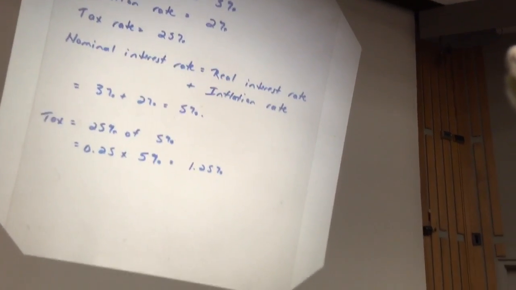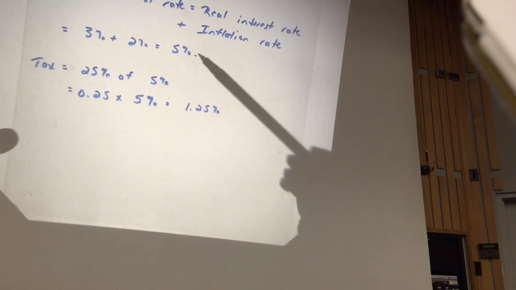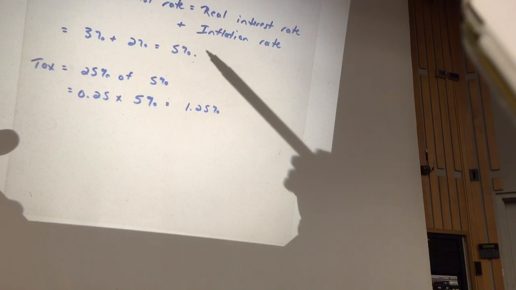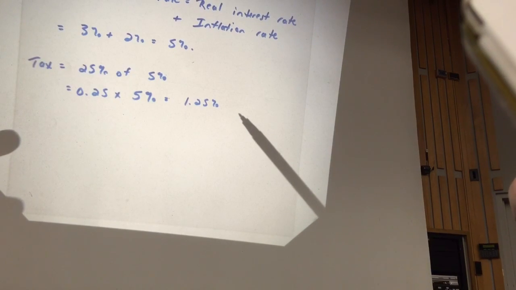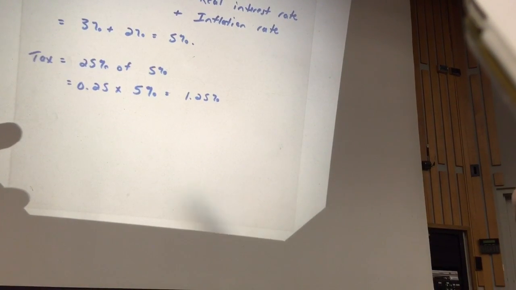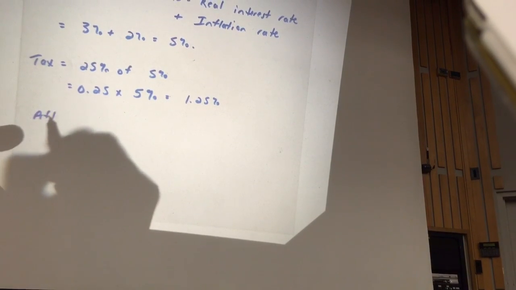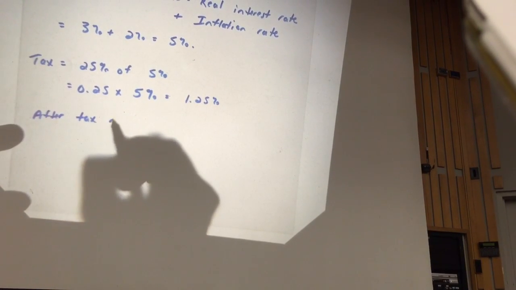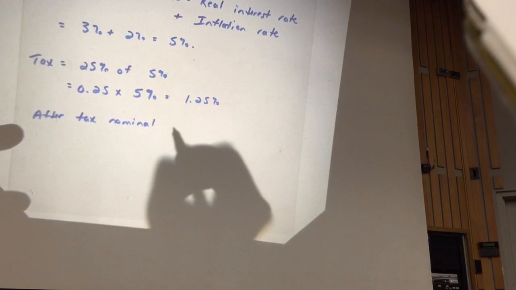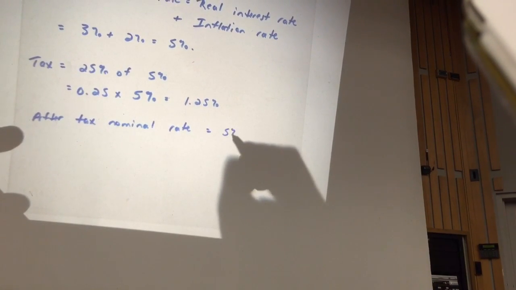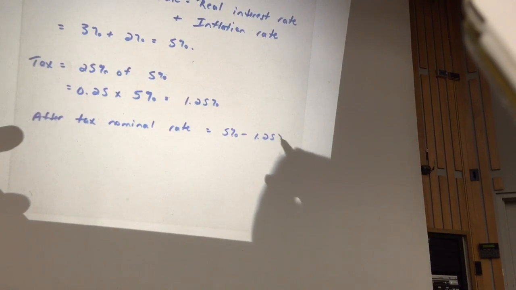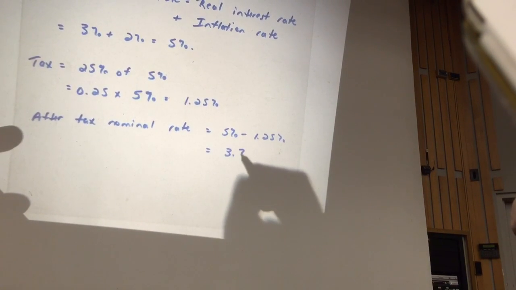So now that means that from a nominal interest rate of 5% that I was earning, I have to pay 1.25% as tax. So my after-tax nominal rate is going to be 5% minus 1.25%, which is 3.75%.